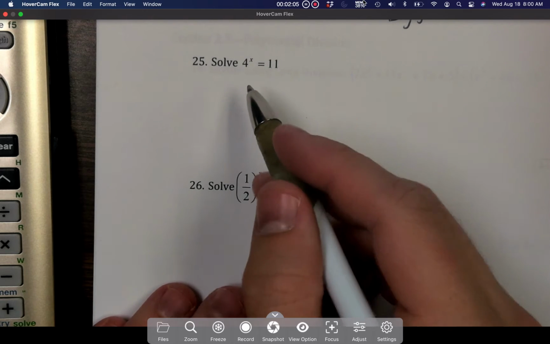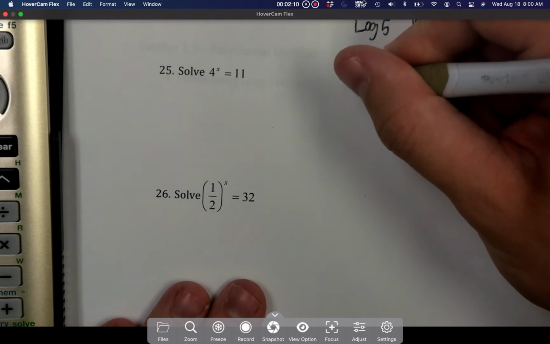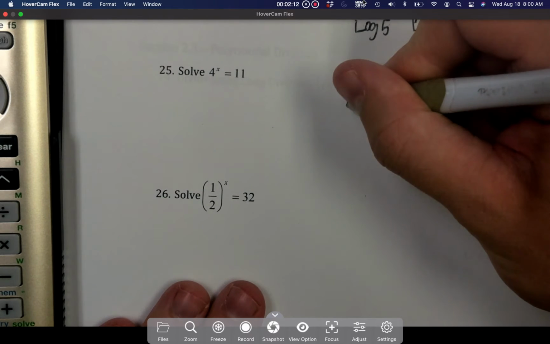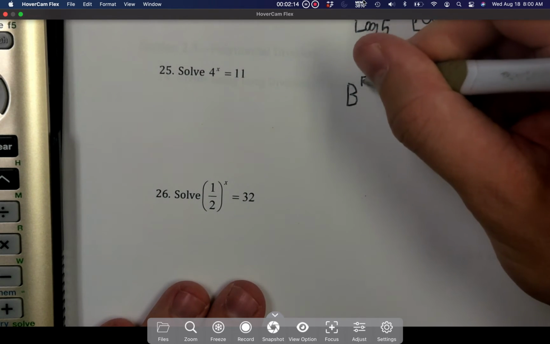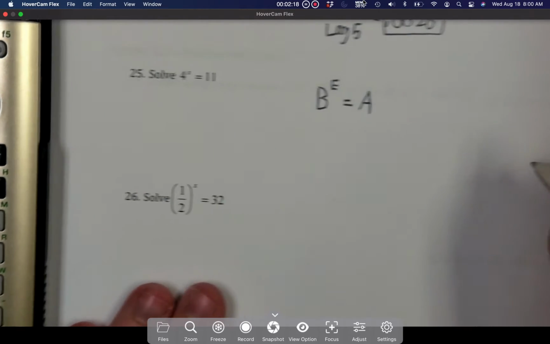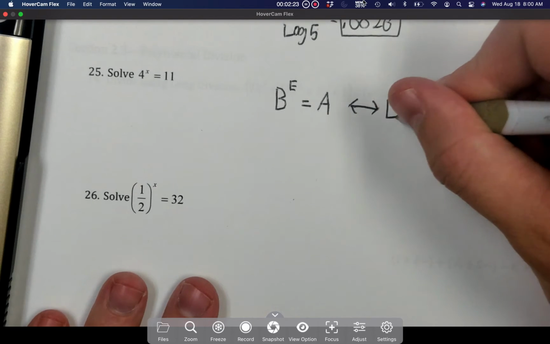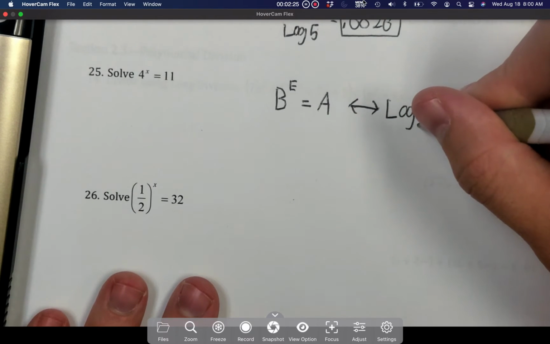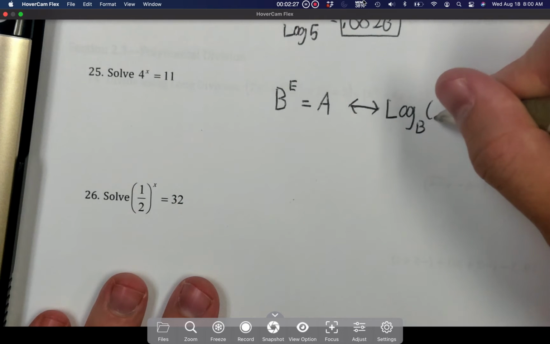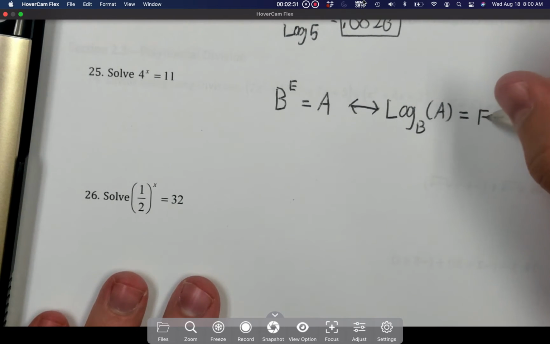And so we're going to talk about a very important rule of logarithms. Now there's some more algebra behind this, but essentially if you have a base, an exponent, and what I sometimes call an answer expression, you are allowed to convert that between a log with a base, an answer expression, and it will isolate the exponent.